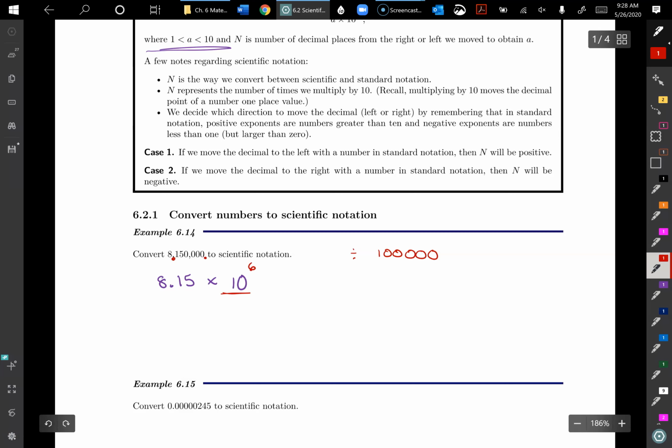So it really still equals the same number. So just what you need to know is 1, 2, 3, 4, 5, 6 places left. That means your exponent needs to be a 6. And it will be positive because we're taking a very large number and putting it into scientific notation.